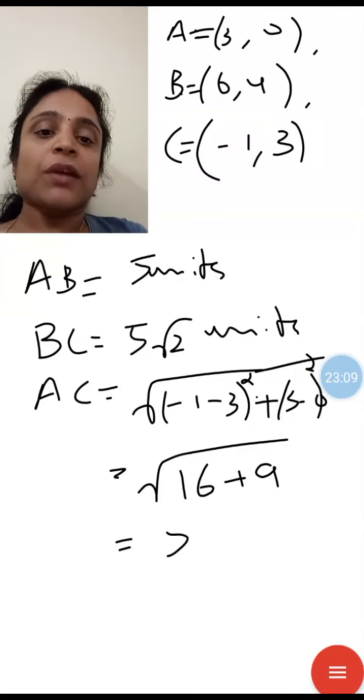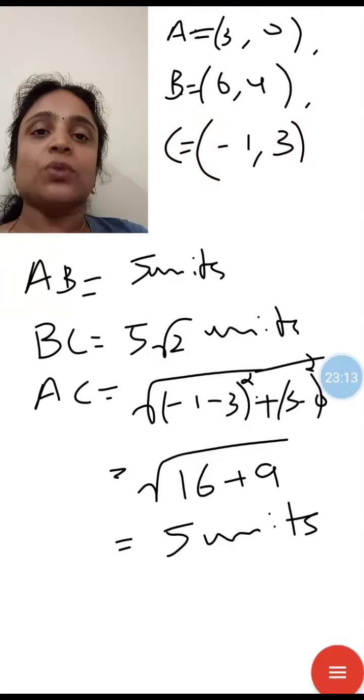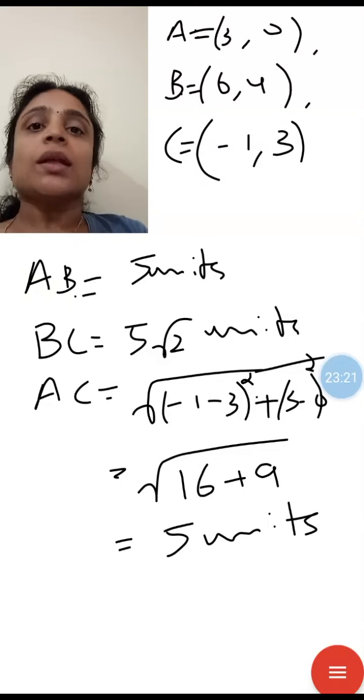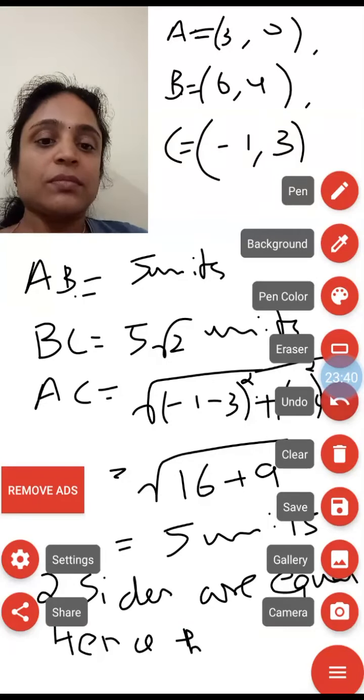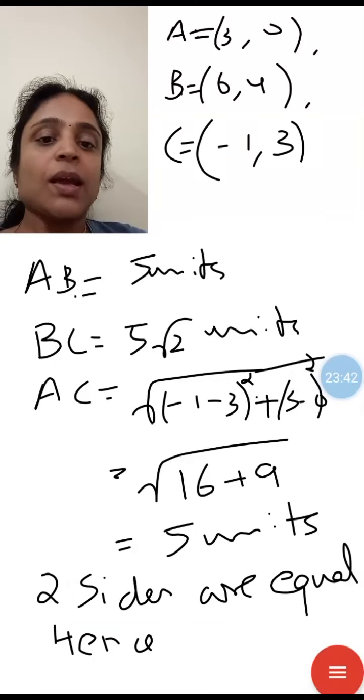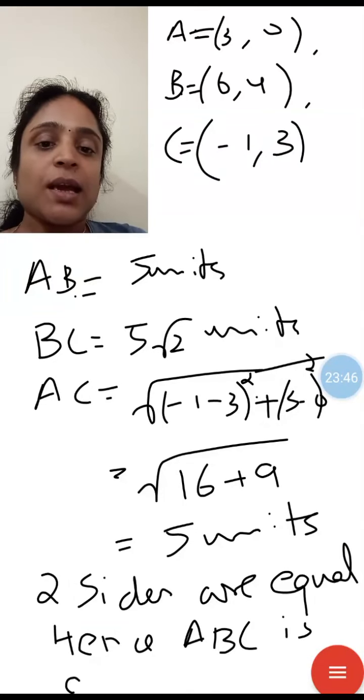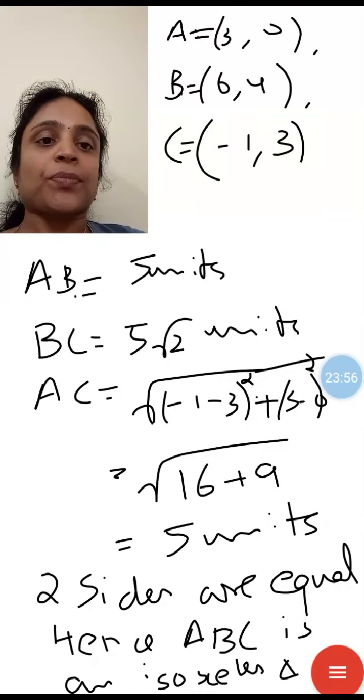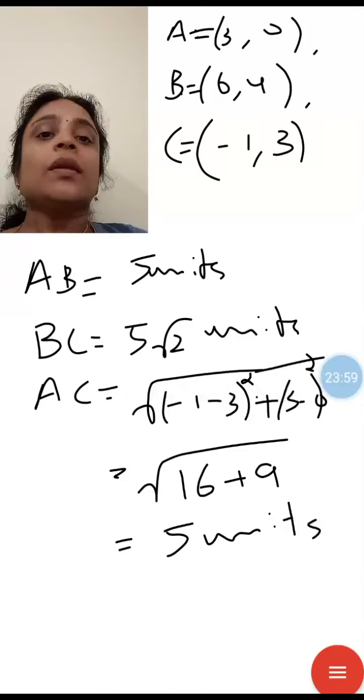So, we got AB equal to 5 units, BC equal to 5 root 2 units and AC equal to 5 units, which means AB and AC are equal. That is, these two sides are equal. Hence, ABC is an isosceles triangle.